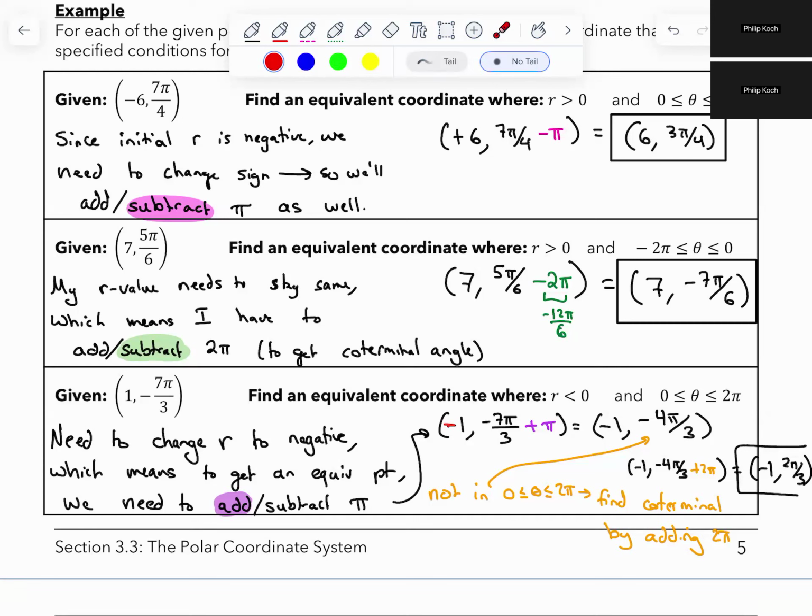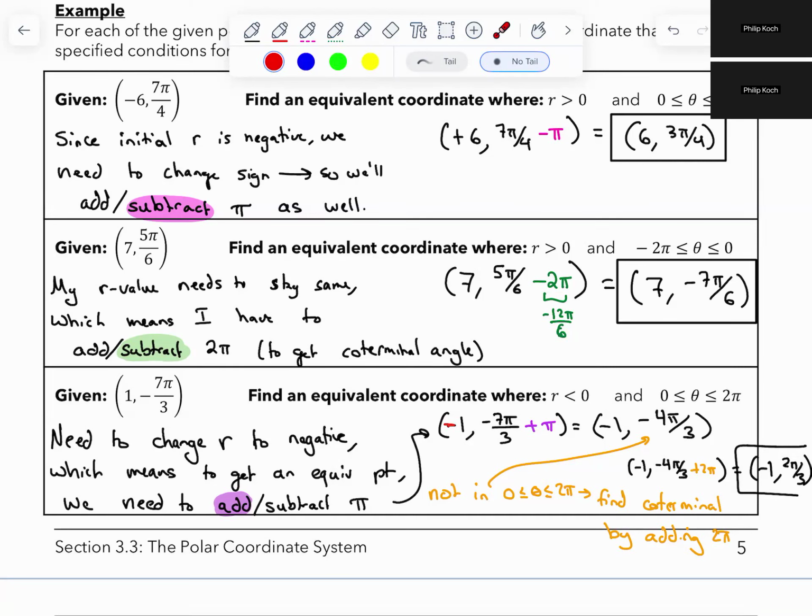On the R value, let's say if we just added 2 pi, that would have gotten us to the range. If you're changing the R value, it should probably start off by adding or subtracting the pi. But could it ever be add 2 pi and change the R value? Yeah.